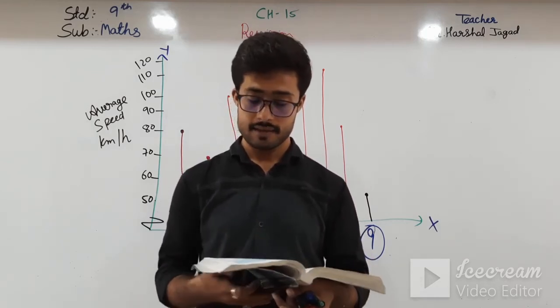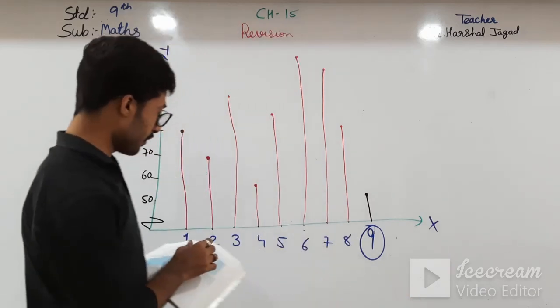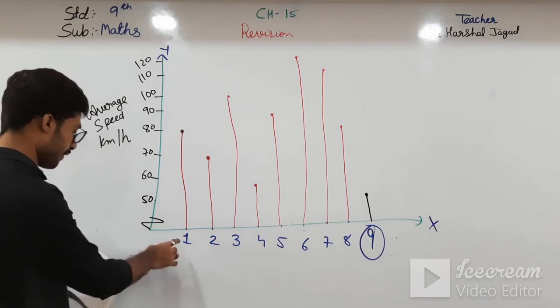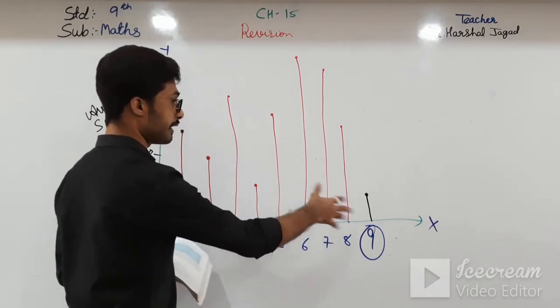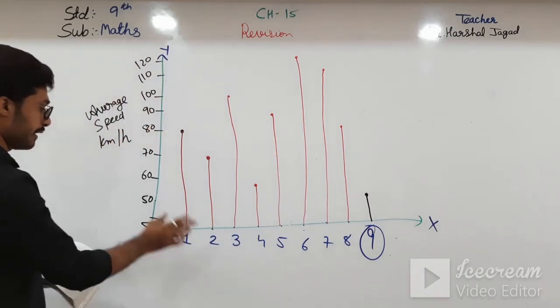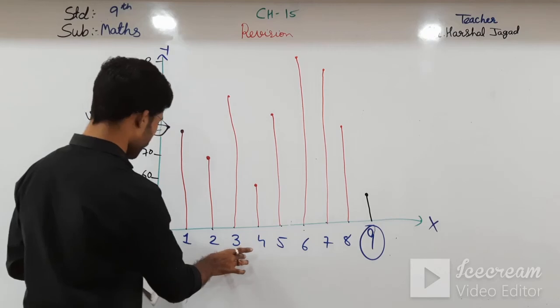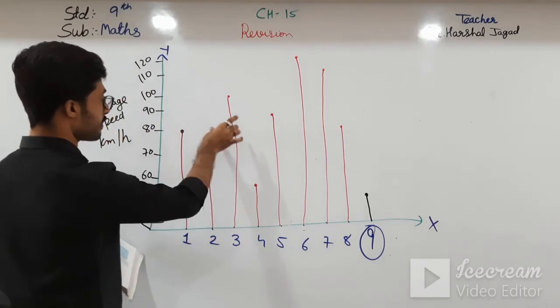Okay students, now moving further. So in that there is no class. Then here I can cut a graph starting from 130, 140, 150, 160, 170, 180, 190 up to 200. Then if I say from 140 to 150 there are 5 students, so we have to take up to these 5.